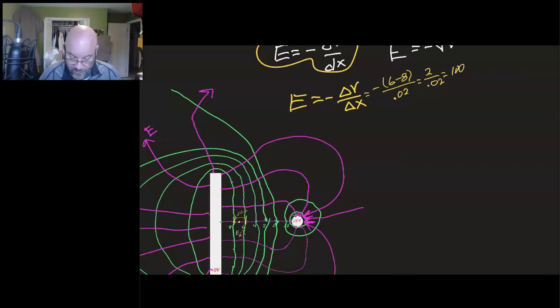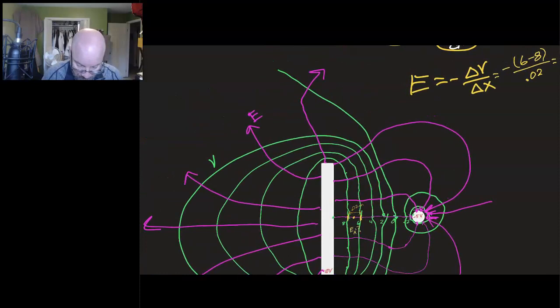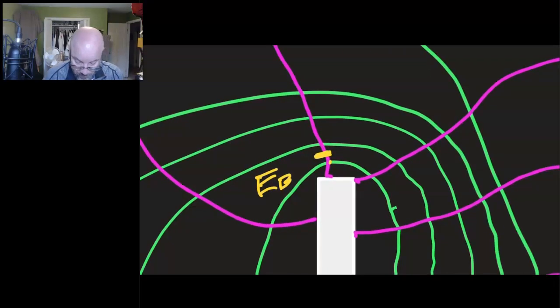Now if we pick out a different location, maybe way up here, let's say in the middle right here. Let me call that B. So if we want EB, let me zoom in on that. Again, we know that this inside one is 8 and the outside voltage is still 6.